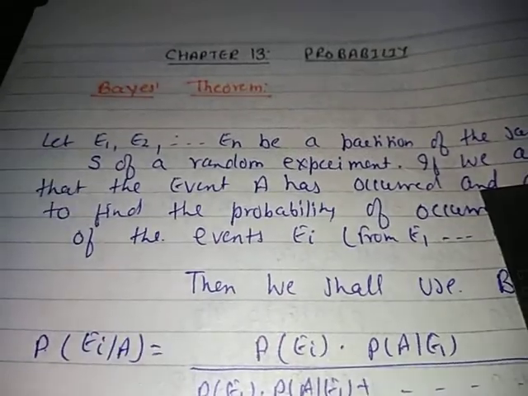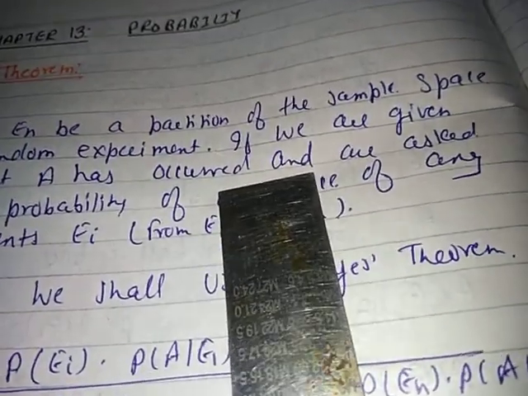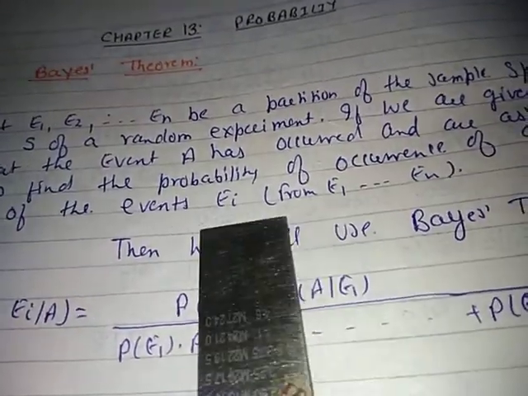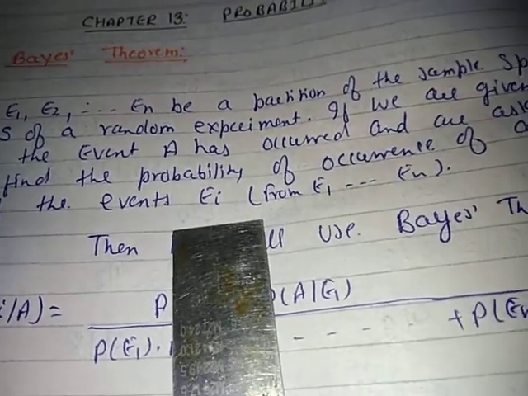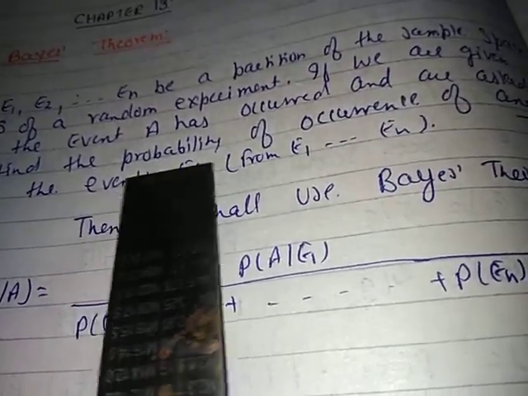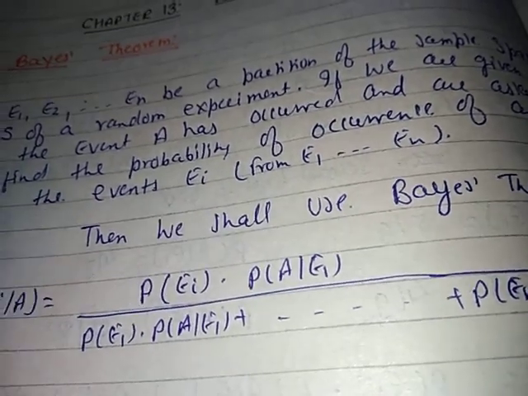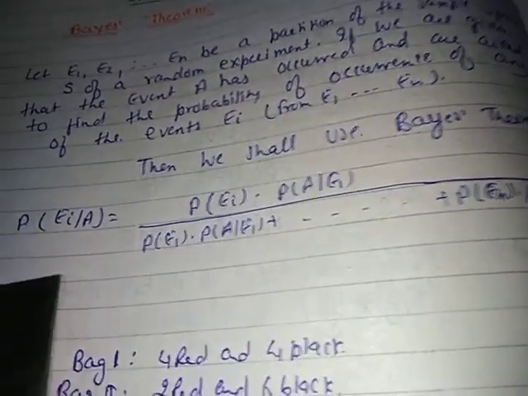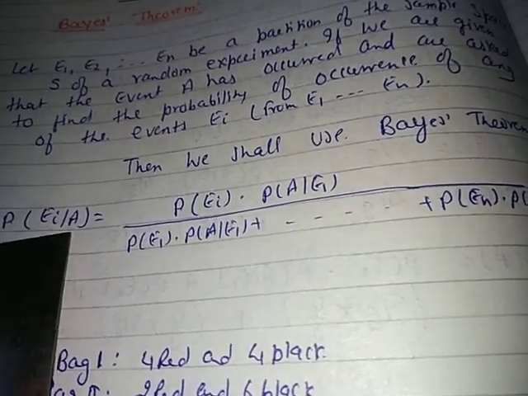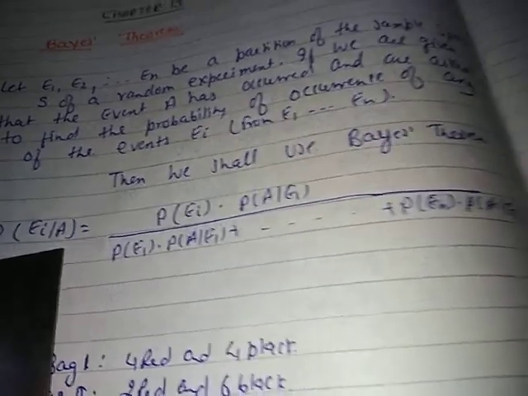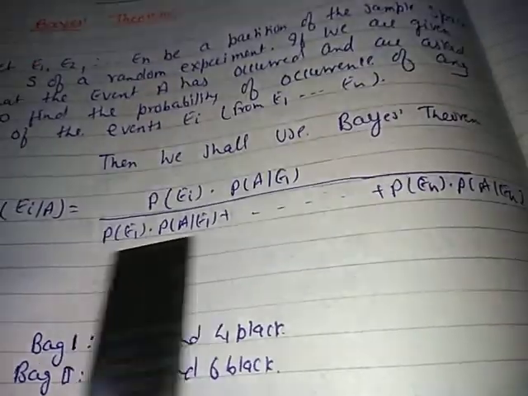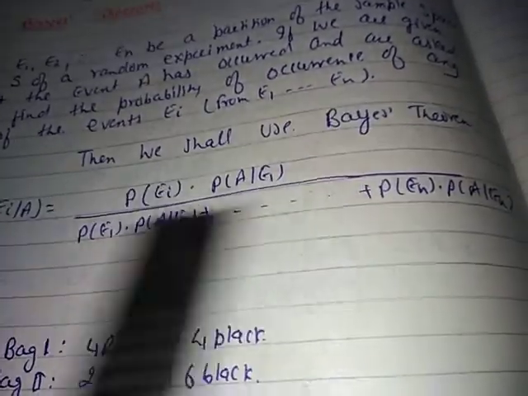If we are given that the event A has occurred and are asked to find the probability of occurrence of any of the events Ei, like I took E3, you can take any value. That can be represented in general form as Ei. It can be found by the methodology P of Ei upon A. We had to find the value of E3 for the common event A. So this is your required event: P of Ei into A by Ei whole upon the total addition that we did in the total multiplication law. This is your Bayes theorem.